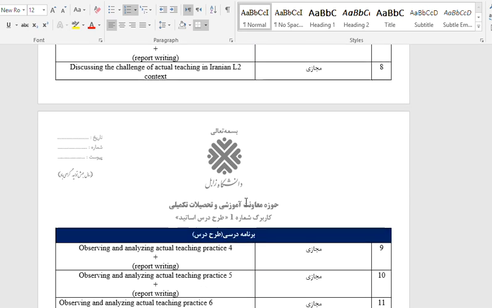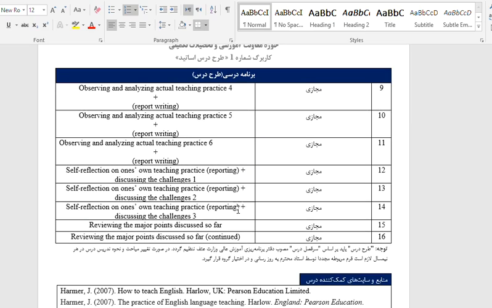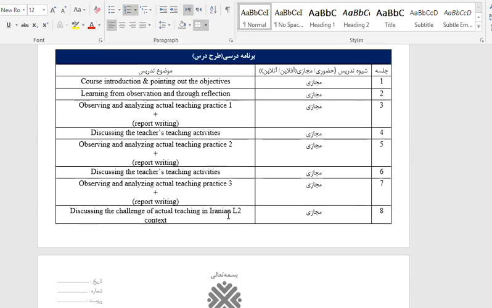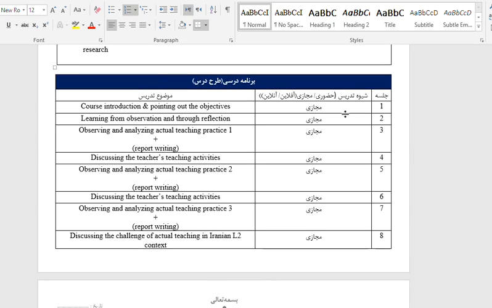Here again, I provided you with a weekly schedule in which the objectives and the lessons for each session are specified.